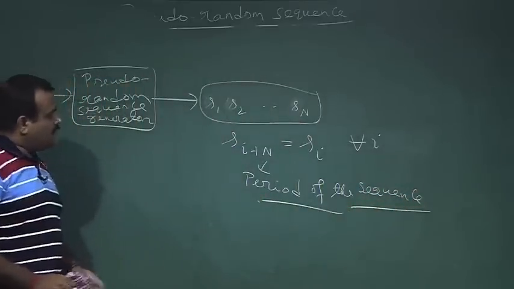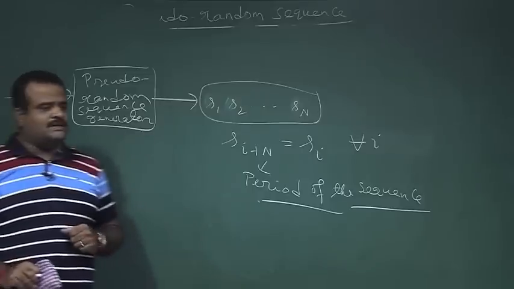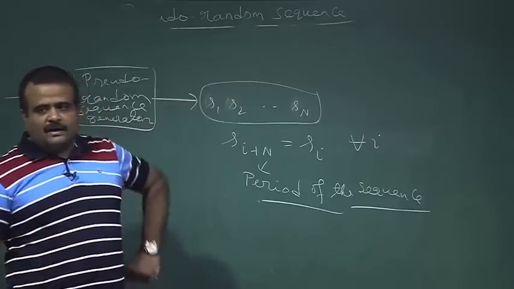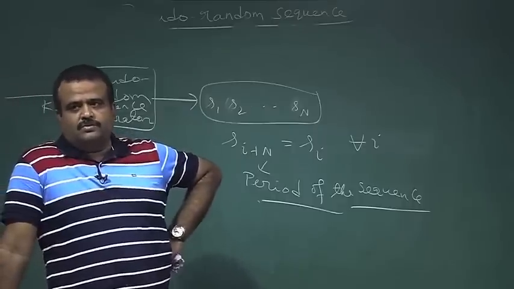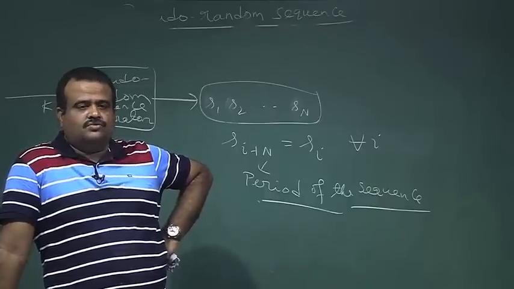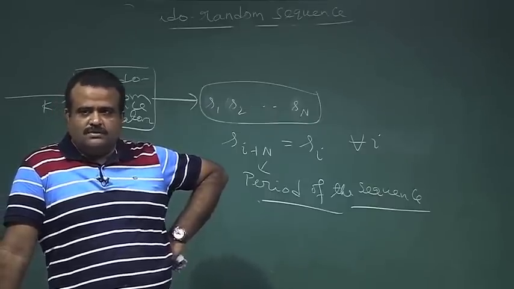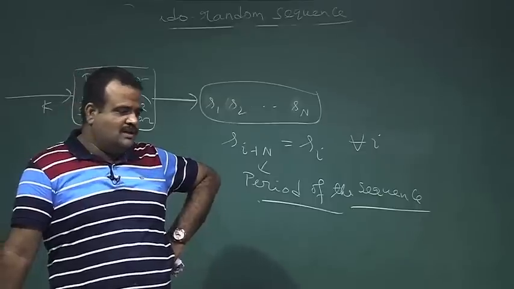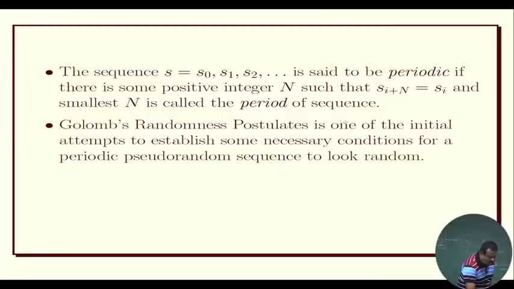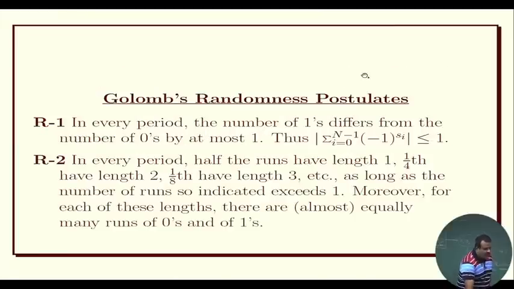Okay. Now, we take the period of a sequence and apply Golomb's postulates, which are the necessary conditions for a sequence to be a truly random sequence. Those conditions are necessary conditions. So, let us talk about Golomb's randomness property. It basically has 3 rules, postulates.